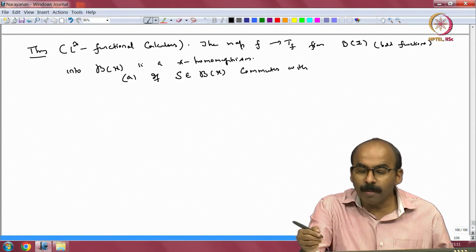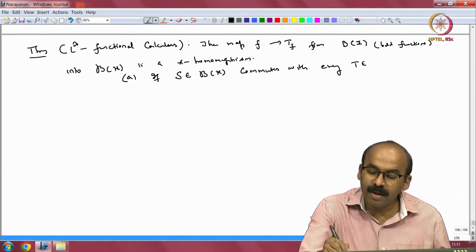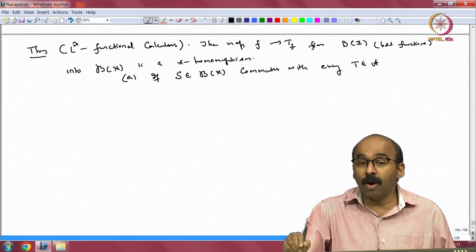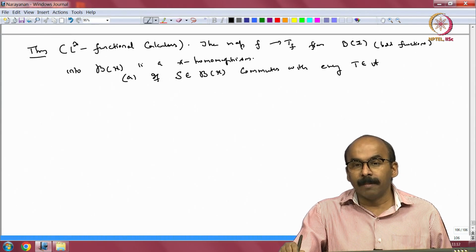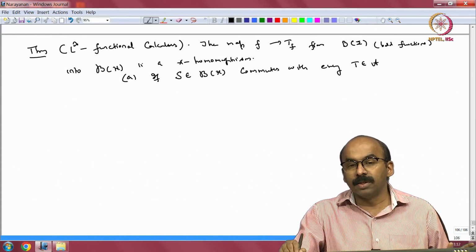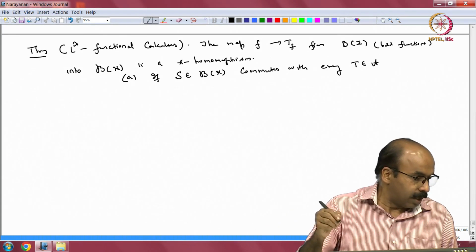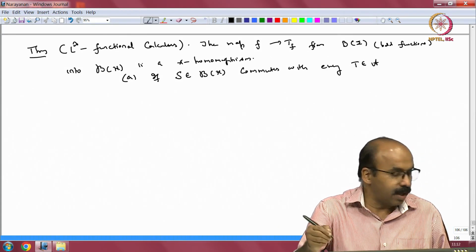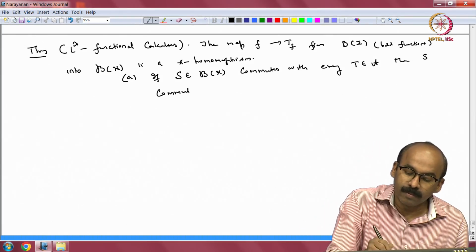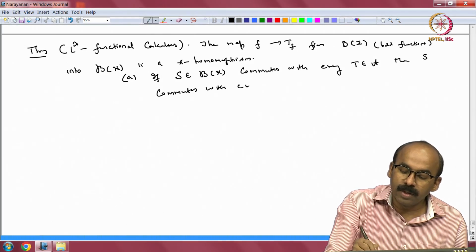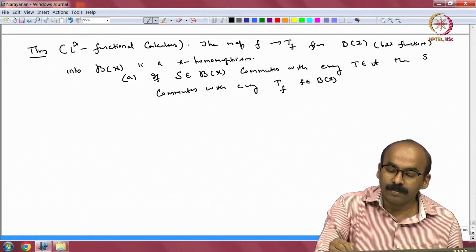Now, if I take any arbitrary operator which commutes with every T in A, where A is a smaller algebra here, a commutative subalgebra of B(H) with identity, the image of continuous functions. The image of bounded functions will be a much bigger algebra than A. So, if S commutes with every T in A, then S commutes with every T_f, f in B(sigma).